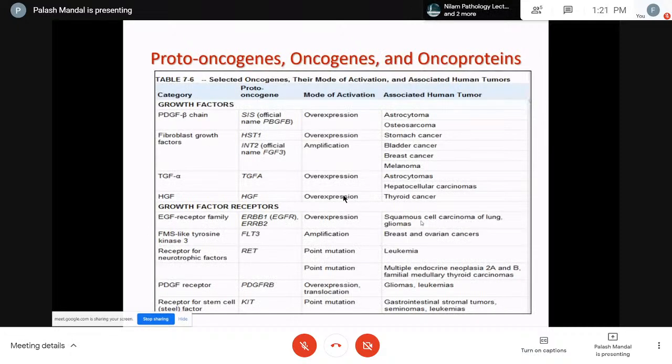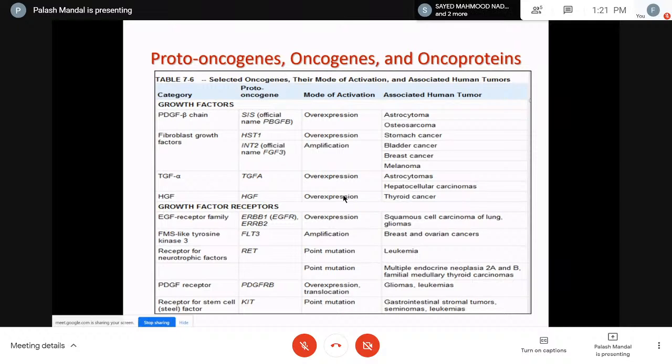These are the names of various proto-oncogenes which have been converted into oncogenes by some mutation, and the associated tumors. This is a picture from Robbins, so I don't want to name them one by one. You can see some names like PDGF, platelet derived growth factor beta chain, which leads to development of astrocytoma.